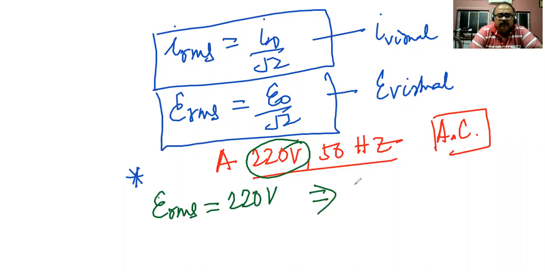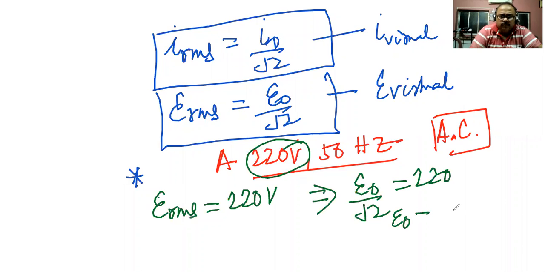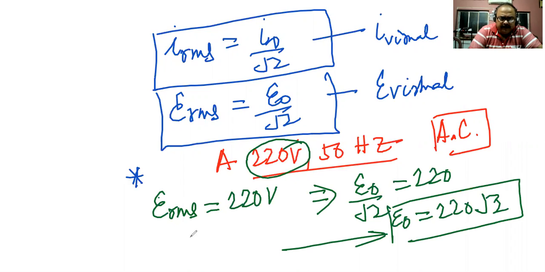So ERMS is equal to 220 volt, and you know that is equal to E naught upon root 2. So E naught therefore will be equal to 220 root 2. So you can say very well the peak EMF is equal to 220 root 2 volt.